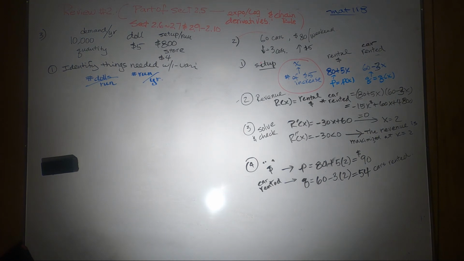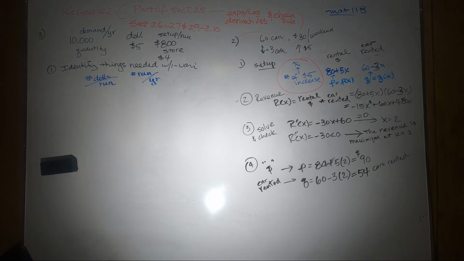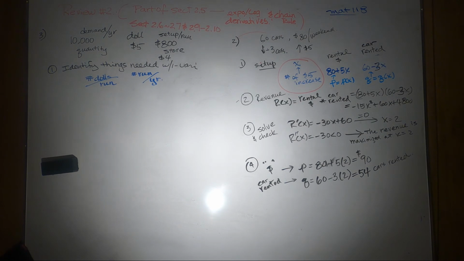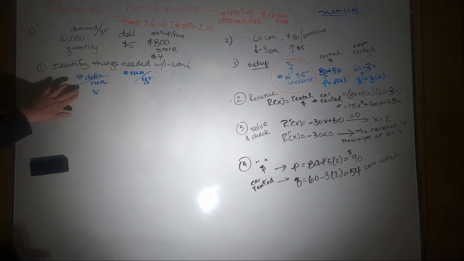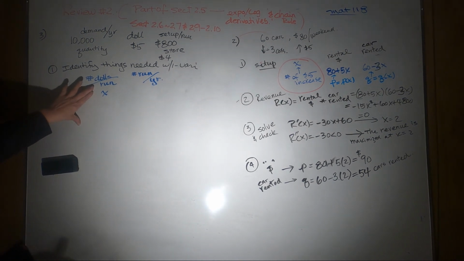For the two things we need to find out, you can only use one variable. Then you have to decide which one will be your X. You can do either way, actually, okay?